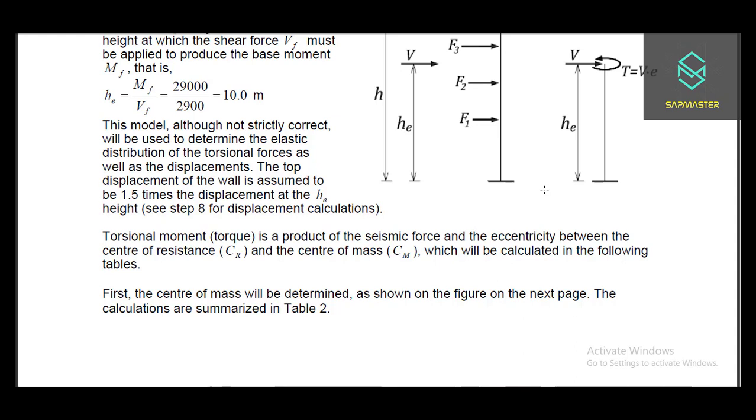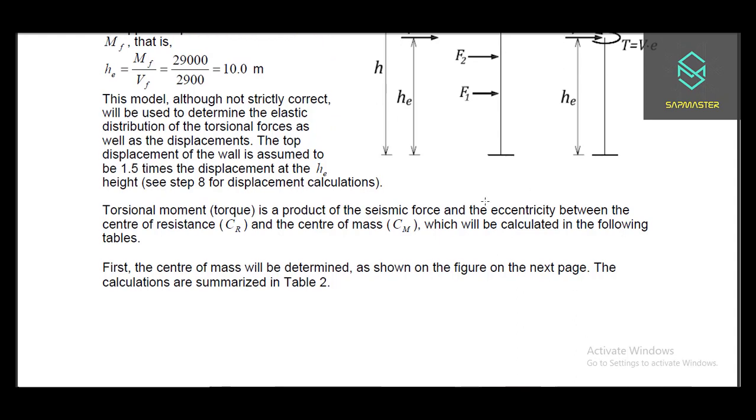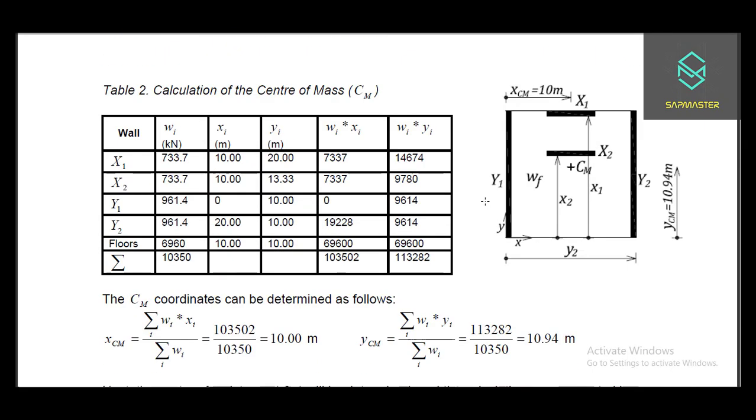So first, the center of mass will be determined here. As you can see, we have Wi and we have Xi for each of them. All of the parameters are revealed in this picture. You can see them here.